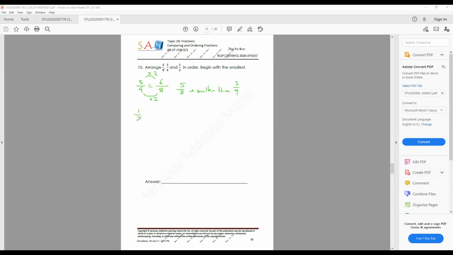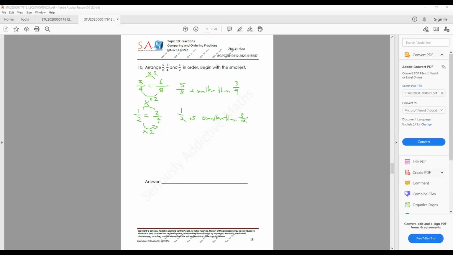For half, we need to change the denominator of 2 to 4, so times 2, times 2. So 3/4 and half, which is smaller? Half is smaller than 3/4.